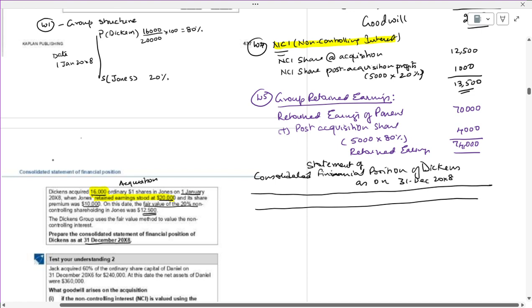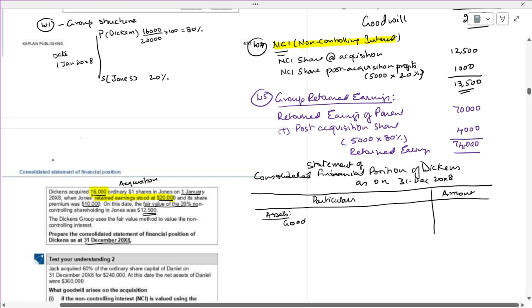Now we just take the things we have calculated. First we start with assets. When we talk about the assets, the first thing that comes is intangible assets.